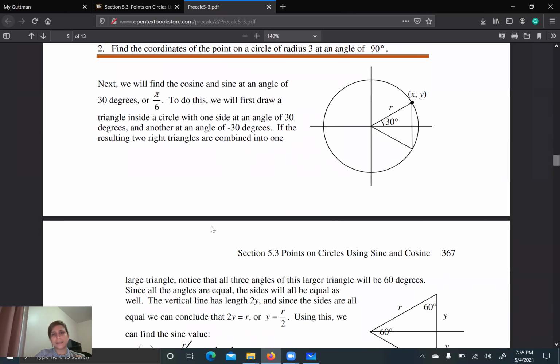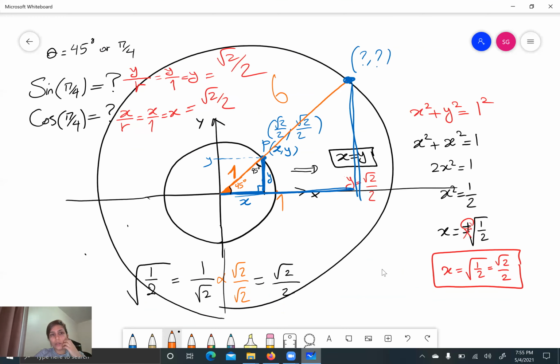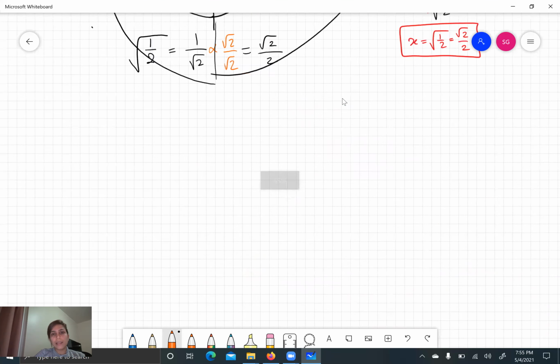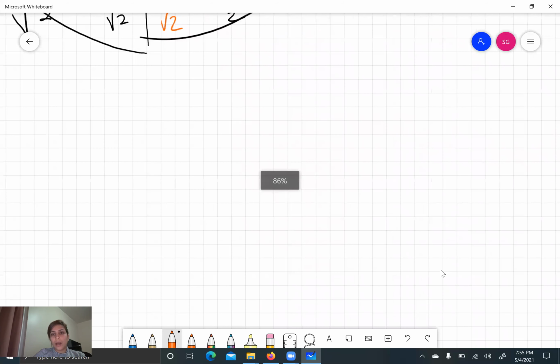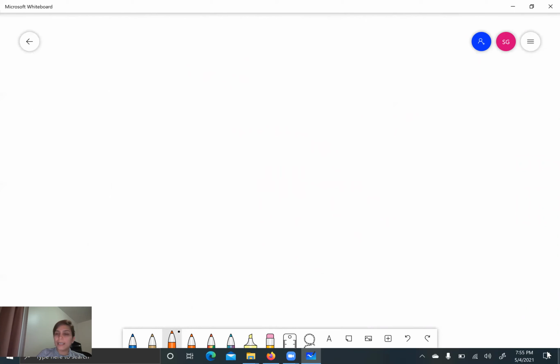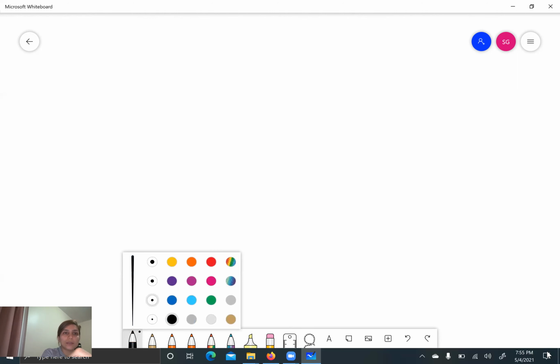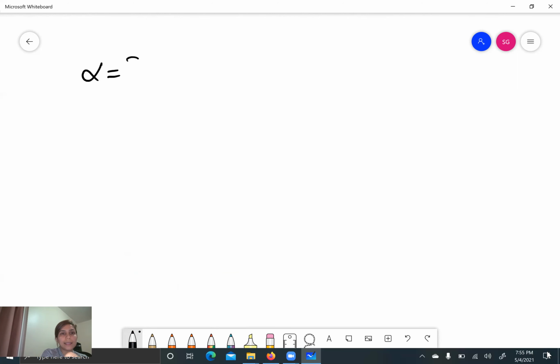Now let's do 30. We showed 45. Now let's find the sine and cosine of 30. For angle 30, let alpha be 30 degrees, or in terms of radians, pi over 6.